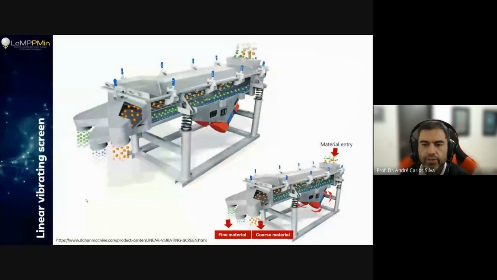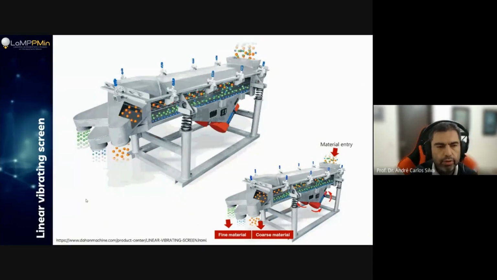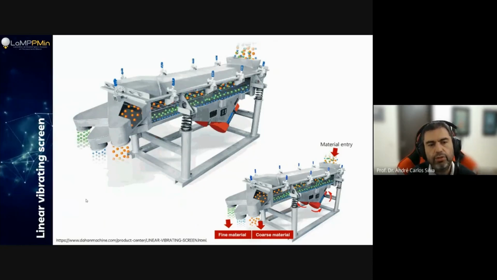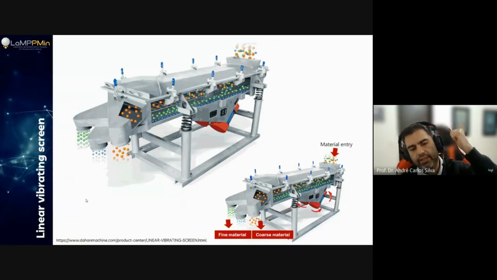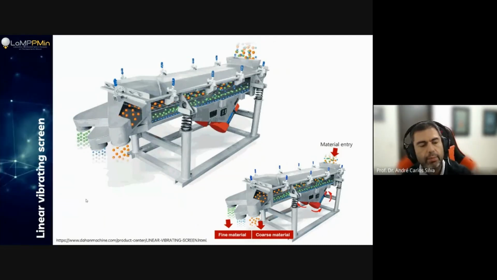Okay, so this is a linear sieving. Okay, it's quite different from the other one, but as you can see, everything is encapsulated. You don't have powders around you. So this one is used, for example, when you're producing cement. Okay, so you're producing Portland cement, and in the end of the process, you need to screen the material in order to allow you to return the clinker back to the oven, or even grind the material, grind the cement if you need so.